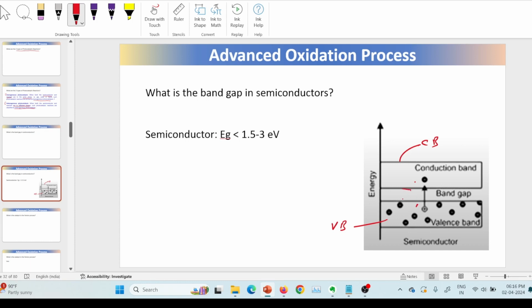So there is a band gap. This band gap is zero in terms of metals. These are actually good conductors of electricity, and so it is zero. But for semiconductors, this band gap is in the range of 1.5 to 3 electron volt.